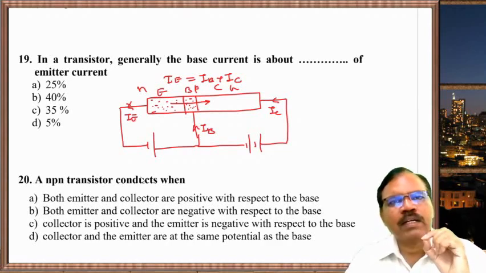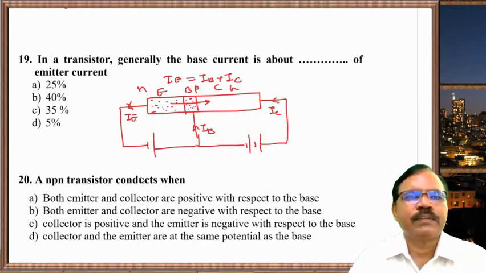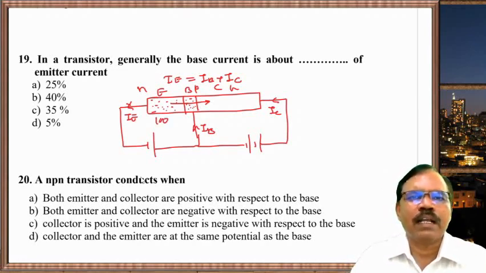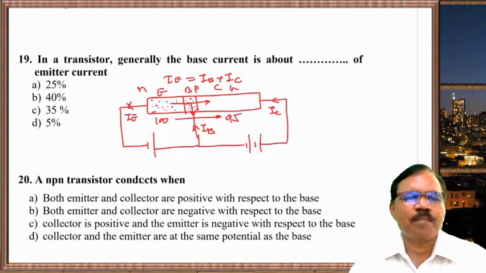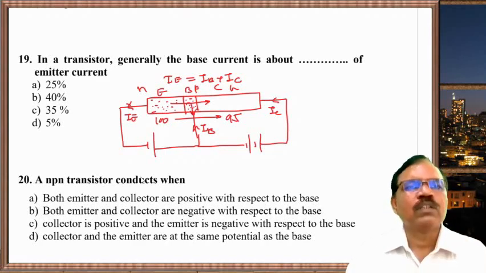But very few are recombined. Suppose here 100 electrons are there, nearly 95 will pass into collector and 5% will recombine, giving out base current. So generally 5%.